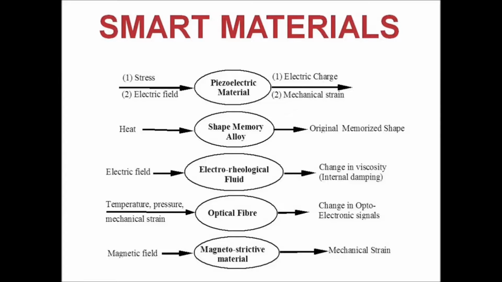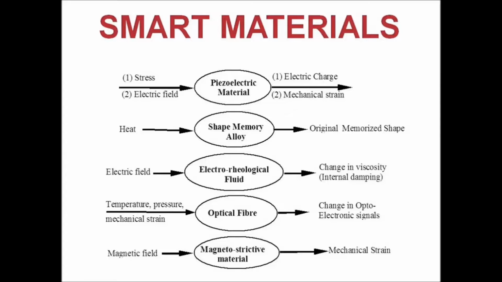Then we have shape memory alloys, where if we heat the component above a certain transition temperature, we see that the component returns to its original memorized shape. We have electrorheological fluids, where if we provide a stimulus as electric field, we see a change in viscosity.